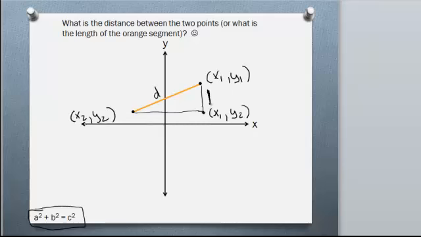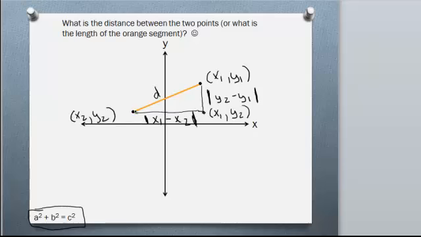Since distance is positive, we're going to put it in absolute value. The distance between these 2 points will be x1 minus x2.